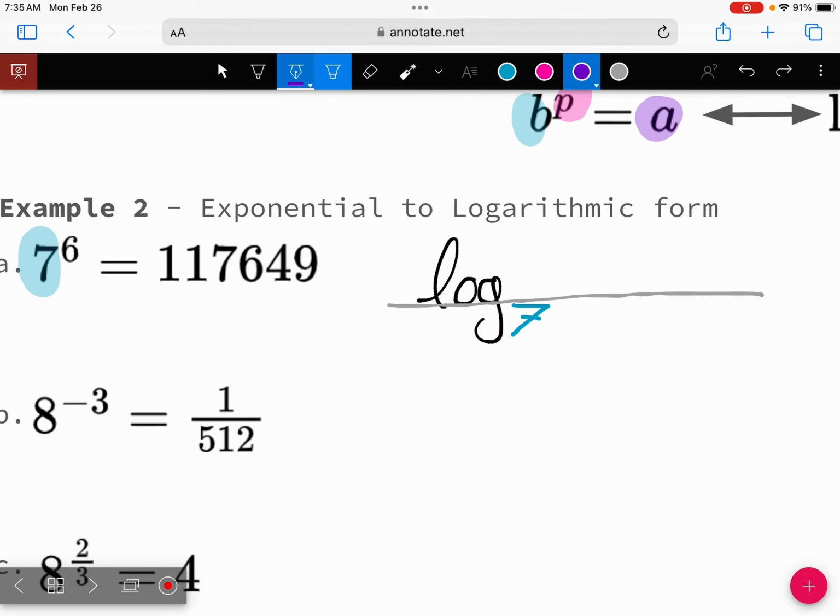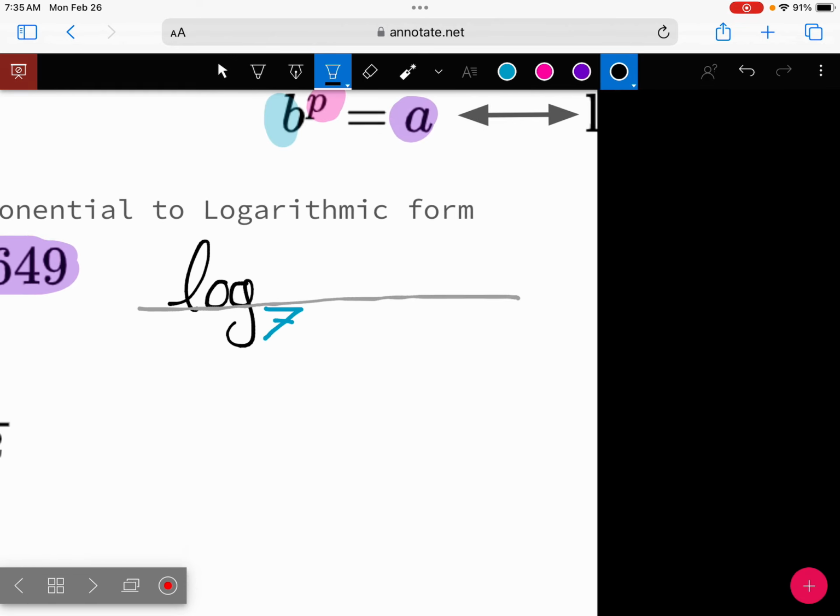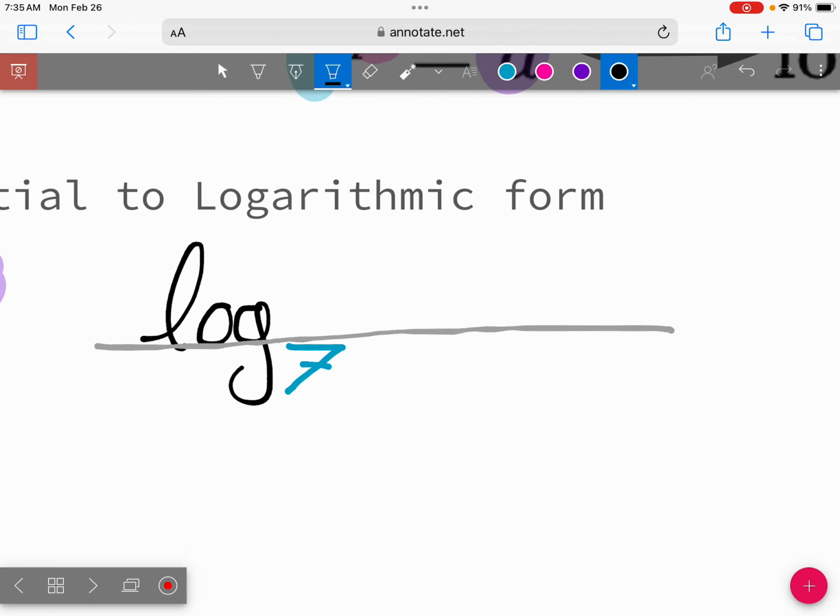So log base 7 of our argument. So this guy is going to come next. 117,649. We sure gave you a nice, easy one to write.